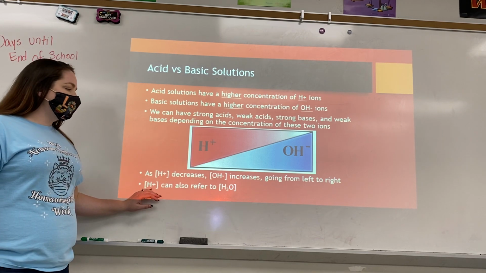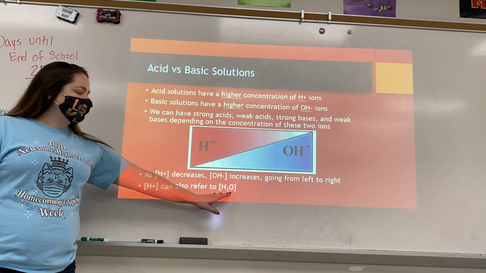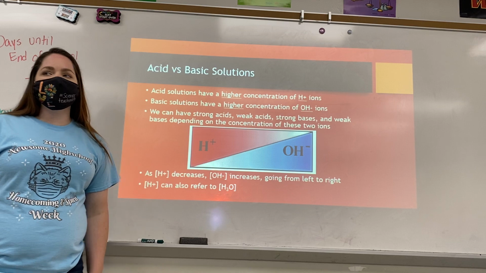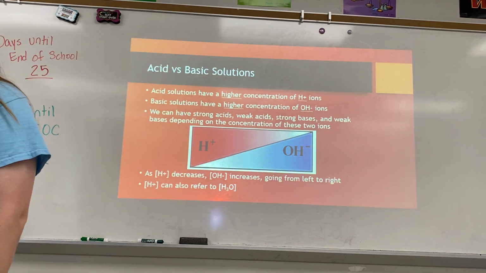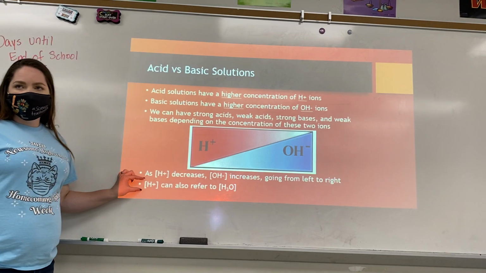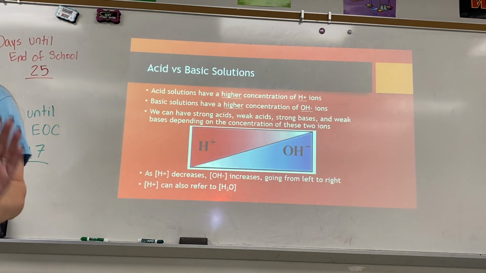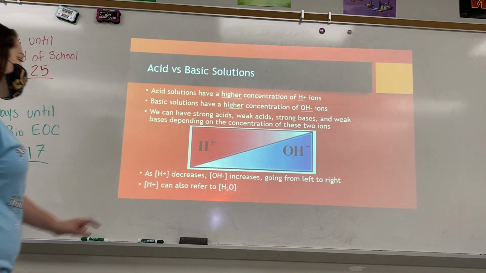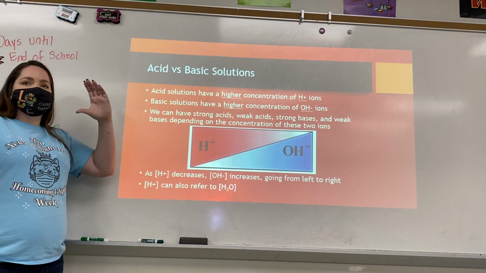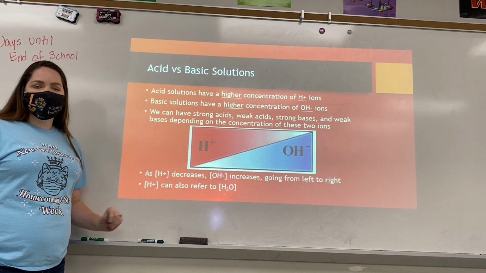Also, your H plus ions, your acid ions, can also be represented by this molecule called H3O. So H plus and H3O are both going to show you that you have an acidic solution. The brackets around the letters mean something. Those brackets mean concentration of. So if you see H plus with brackets around it, that is saying concentration of H plus.